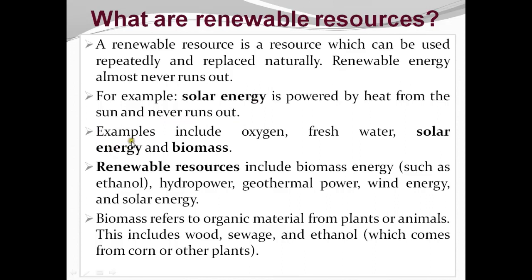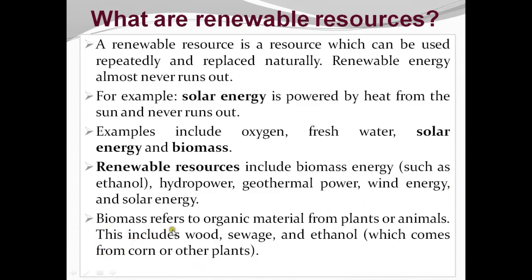Other examples of renewable resources are oxygen, fresh water, solar energy and biomass. Also, renewable resources include biomass energy, hydropower, geothermal power, wind energy and solar energy, which we have seen here.